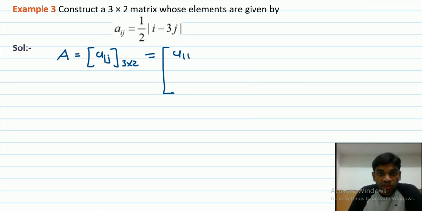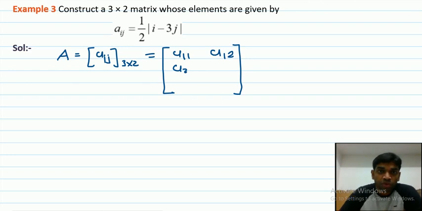So this first element, which is first row first column, that is A11. This is first row and second column, so we can write A12. As we have always 3 rows like this and 2 columns, we just close the bracket.